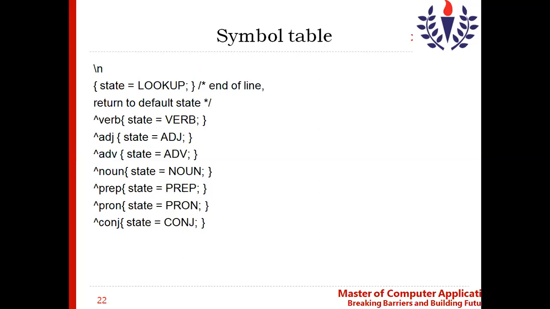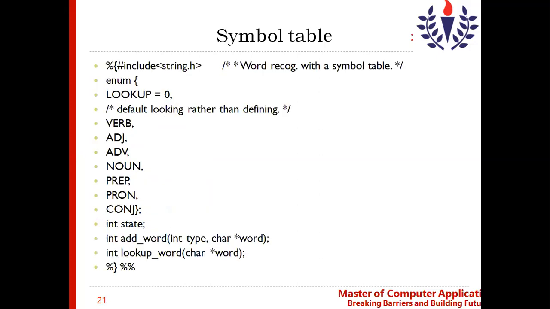State is a variable which is already declared as an int data type, and according to the sequence of different types of words, the value will be assigned. For example, in the enum, lookup is equal to 0, then automatically verb will have the value 1, and adjective will have the value 2.